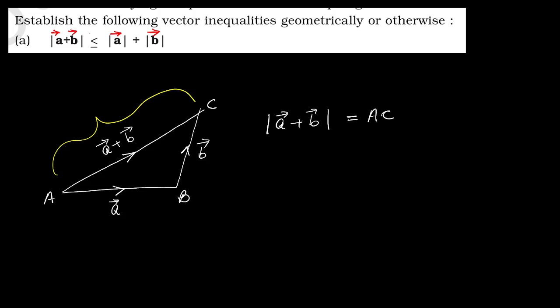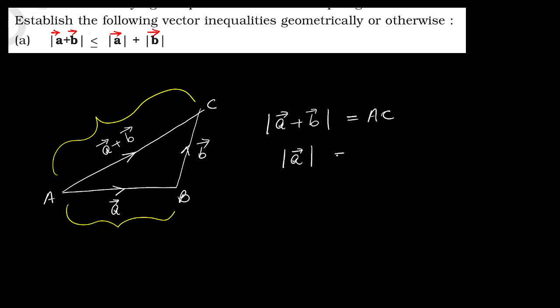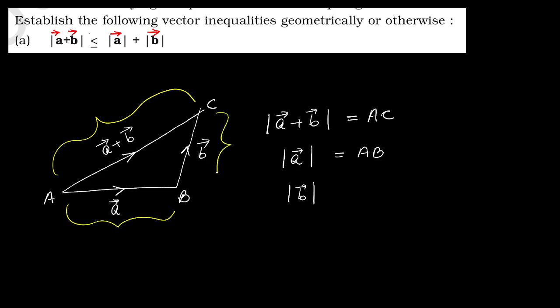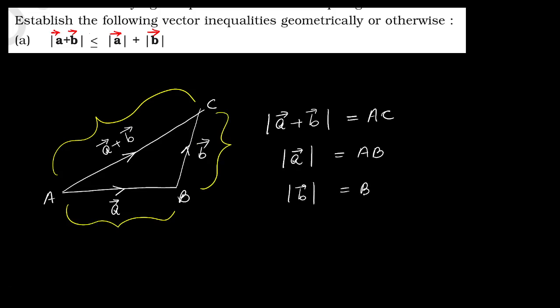Magnitude of A is simply the length of the vector A, which is AB. Magnitude of B is simply the length of the side BC. Remember, magnitude of a vector is simply the length of that vector.